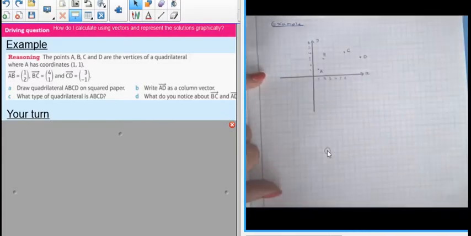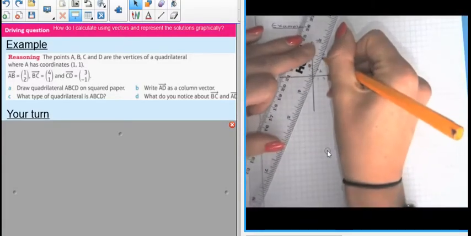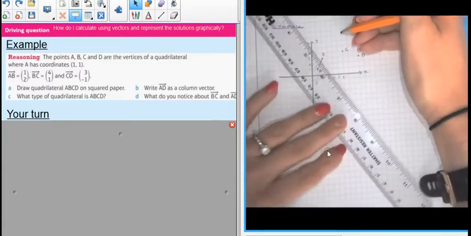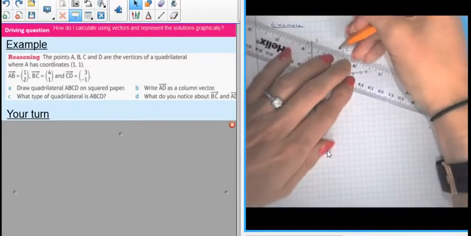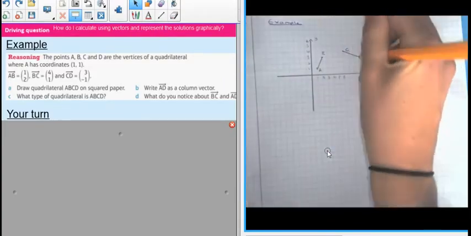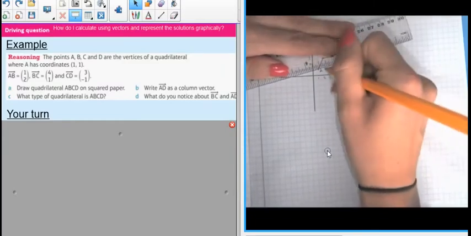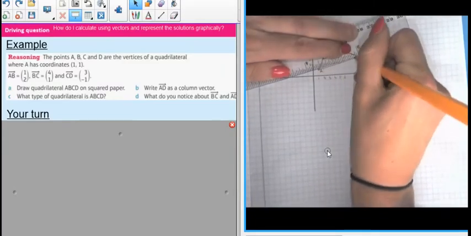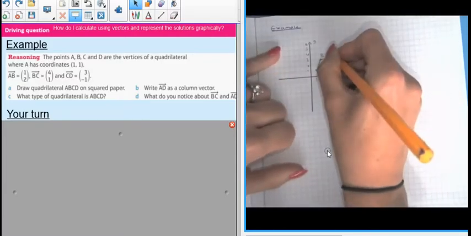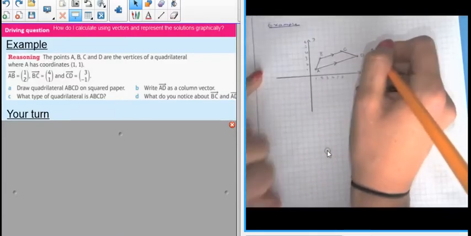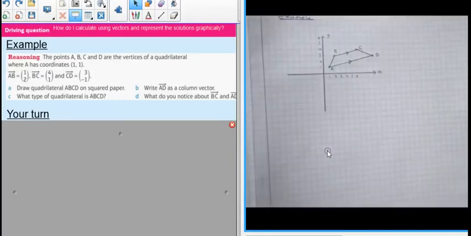If I join up those points, you can see there that I've got 1 pair of parallel lines. And there I have my quadrilateral.